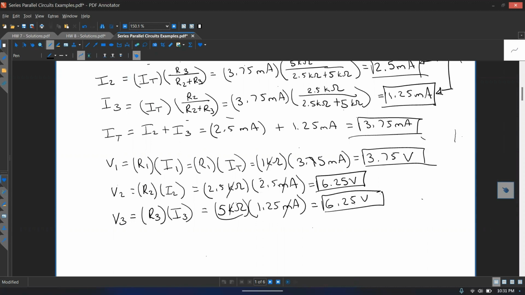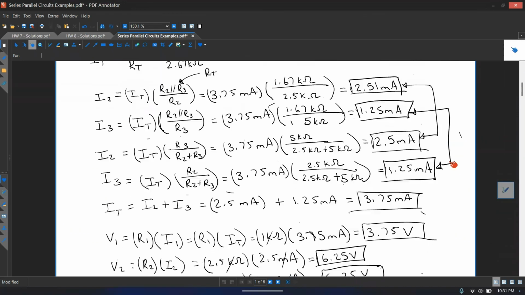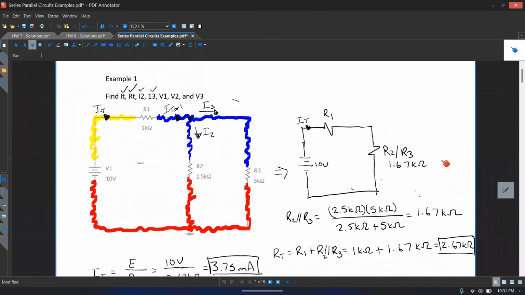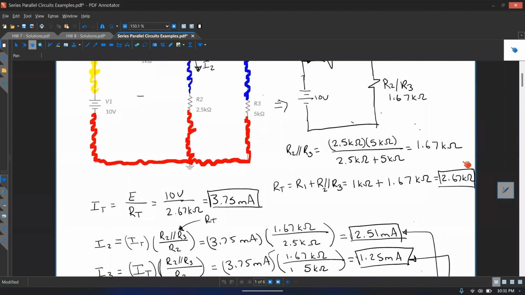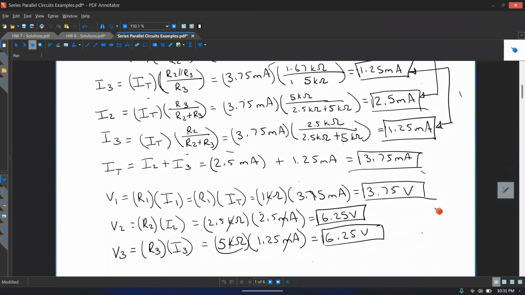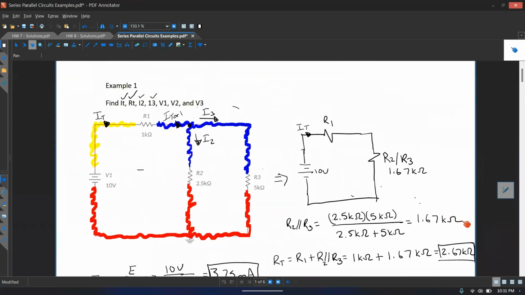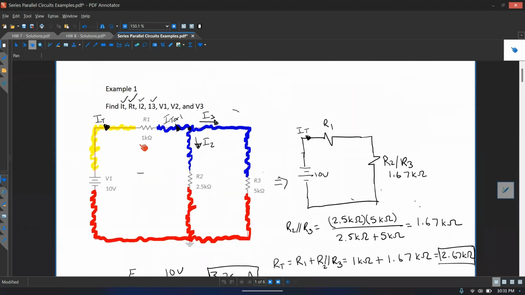One alternative way we could have solved this was using Kirchhoff's voltage law. We already knew that the voltage across R1 was 3.75.